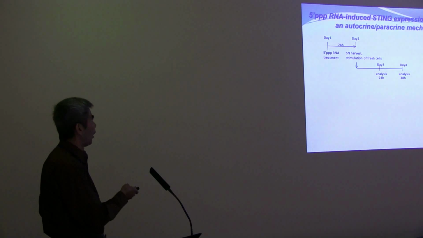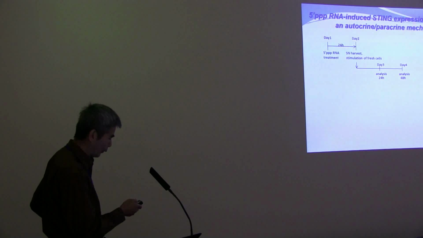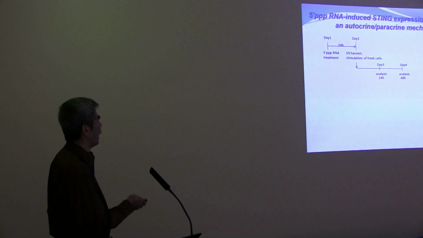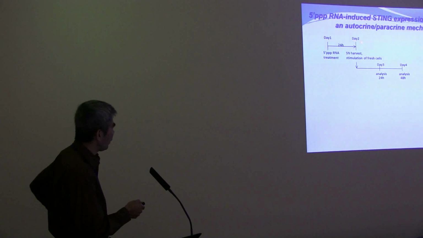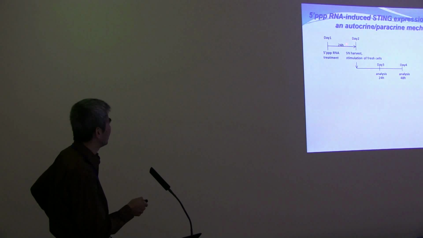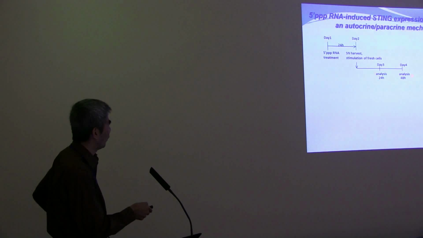And because the induction of STING is a little bit late, we think maybe this is due to an autocrine or paracrine mechanism. So to test this possibility, first we treat the cell with 5' ppp RNA for 24 hours, and then we harvest the supernatant and use the supernatant to stimulate fresh cells, and then we detect the STING induction after 24 or 48 hours of the supernatant treatment.